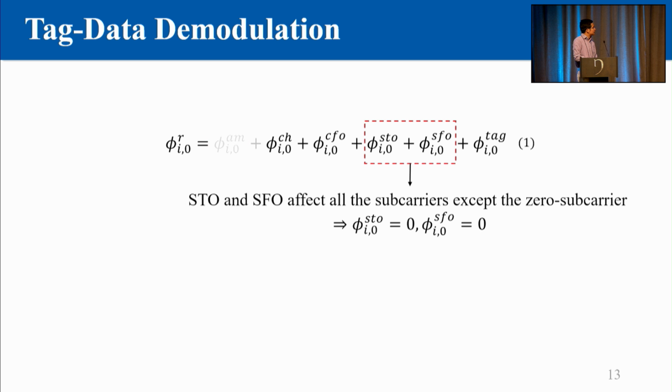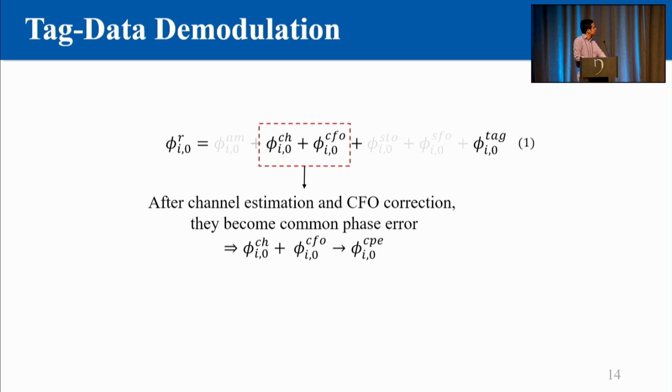Moreover, we find that STO and SFO do not affect the zero subcarriers. Therefore, the phases of the STO and SFO are 0. In addition, after channel estimation and CFO calibration in standard Wi-Fi, the phase of the channel and the CFO become common phase error, or CPE.